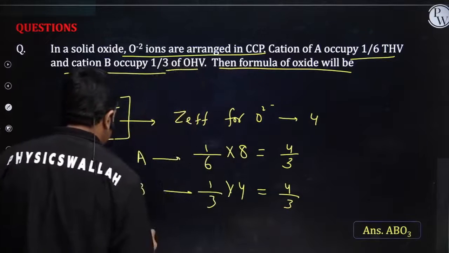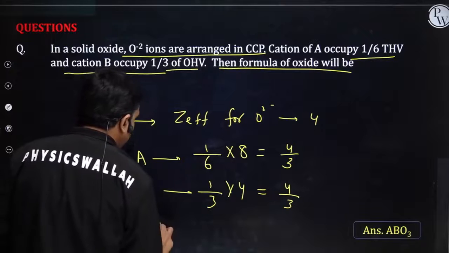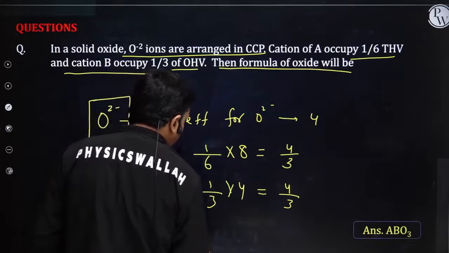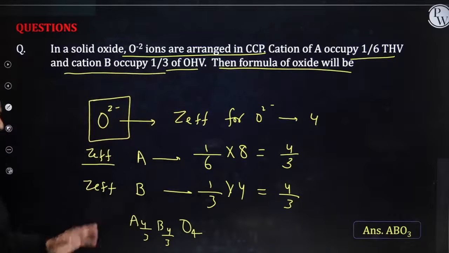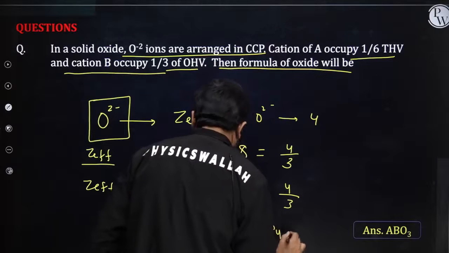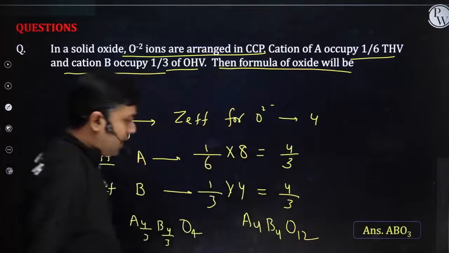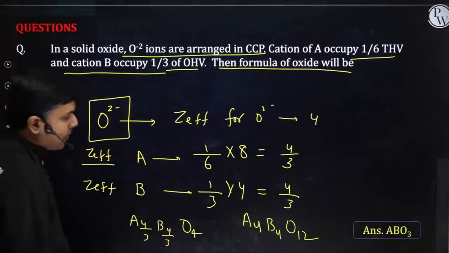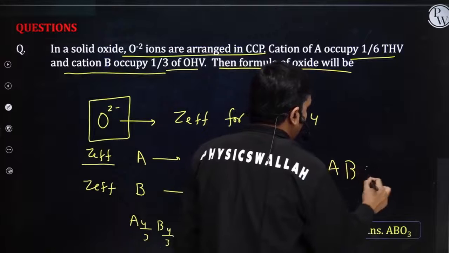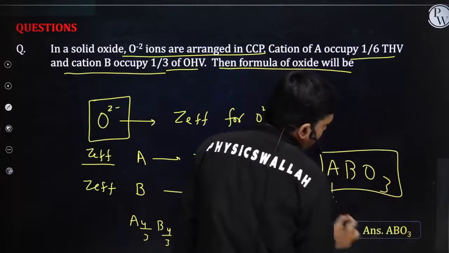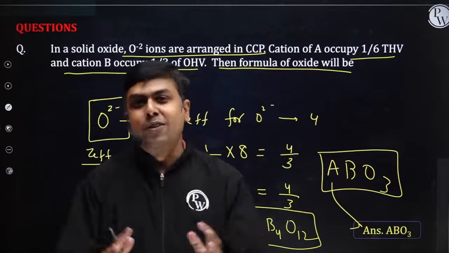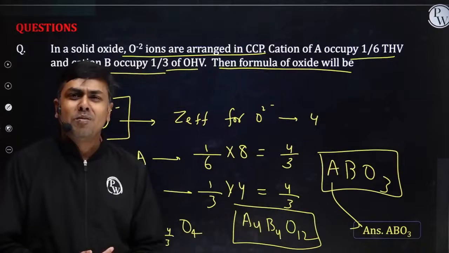Formula: A 4/3, B 4/3, O 4. Am I clear, students? Now, can I write it as A4 B4 O12? If I take 4 common, the empirical formula is going to be ABO3. And this is my answer, right? I hope this particular question is also crystal clear to you all. Let's move ahead.